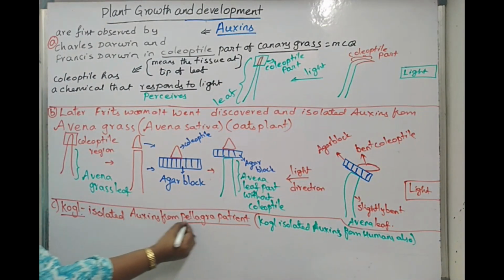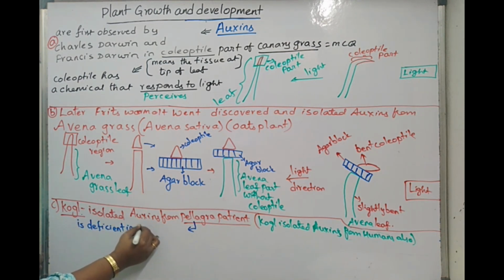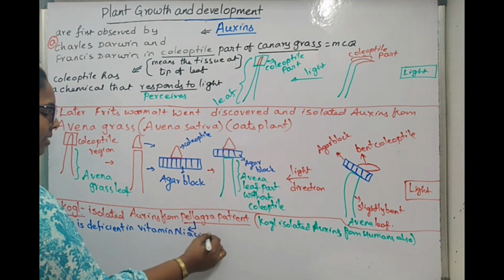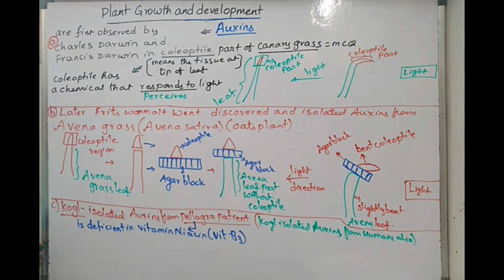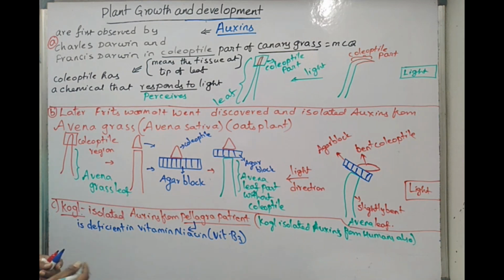Now, this pellagra patient is deficient in vitamin niacin, which is vitamin B3. So an MCQ could be: if a person is deficient in niacin or vitamin B3, what will be the health issue? It will be pellagra.